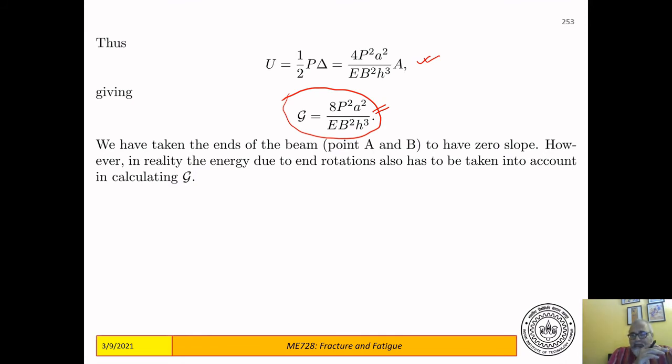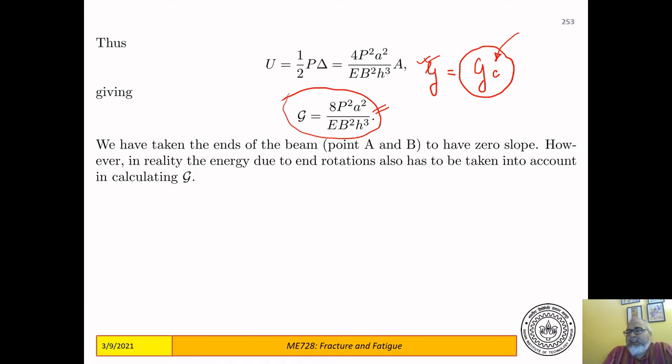Okay, so the last point that I want to make before dealing with configurational forces is that GC is a parameter that governs when the crack is going to grow. So G equal to GC is a situation that we need to achieve in order for the crack to grow. So one way to stop the crack from growing is to make GC higher for a material.